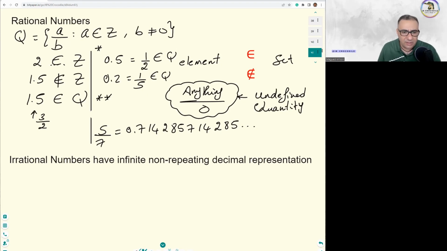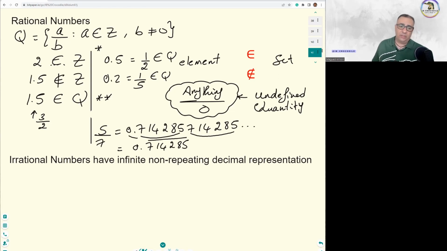You can see here the digits after the decimal point, 714285, repeat again, 714285, and so on. So we can rewrite this number as 0.714285 with a bar over the repeated decimals.